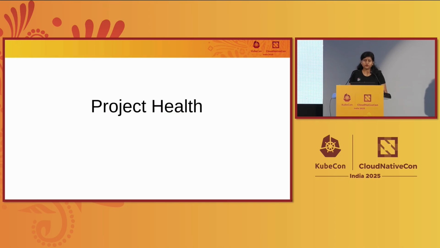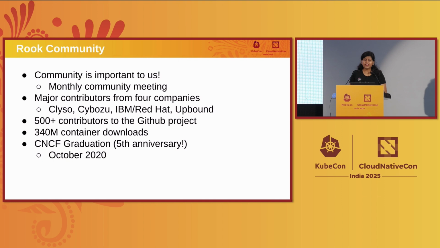Now, coming to project health. Rook is, of course, community first, and community is really important to us. We have a monthly community meeting. Anybody can join that, and we have major contributors from 5 companies: Clyso, Cybozu, IBM, Red Hat, and Upbound. 500 plus contributors to GitHub projects, many container downloads, and we are CNCF graduated.